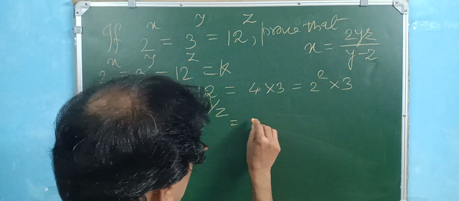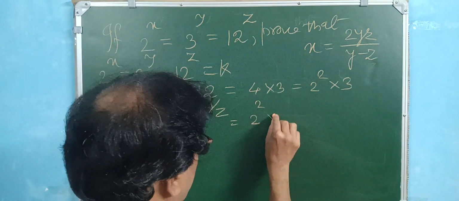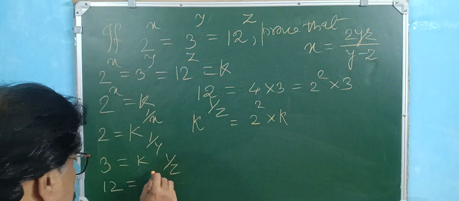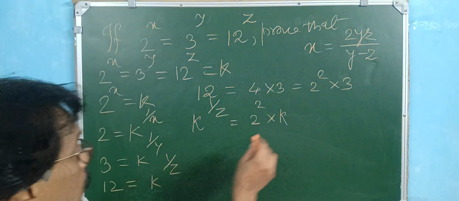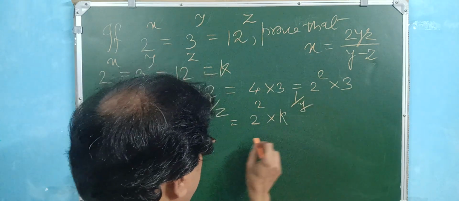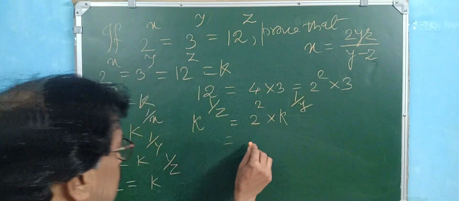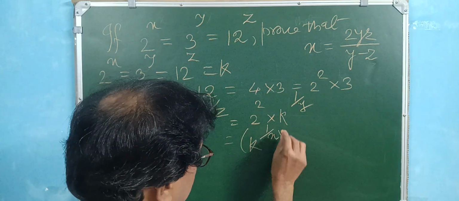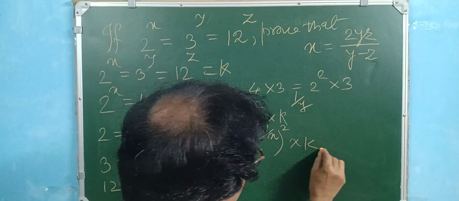Now 4 means actually 2 square, and in place of 3 you write k to the power 1 by y. And here the next line, 2 means k to the power 1 by x to the power square into this is k to the power 1 by y.